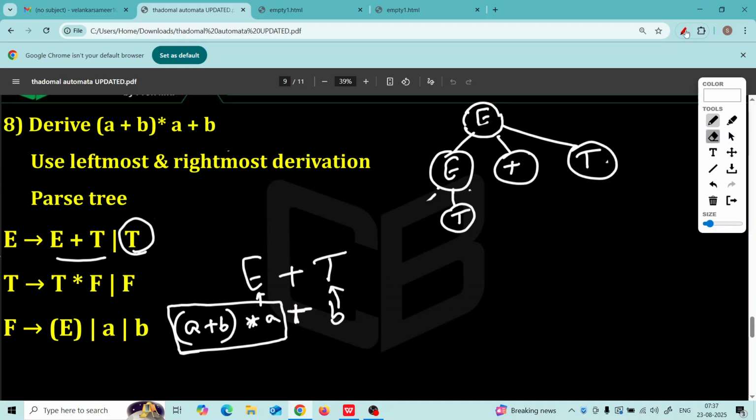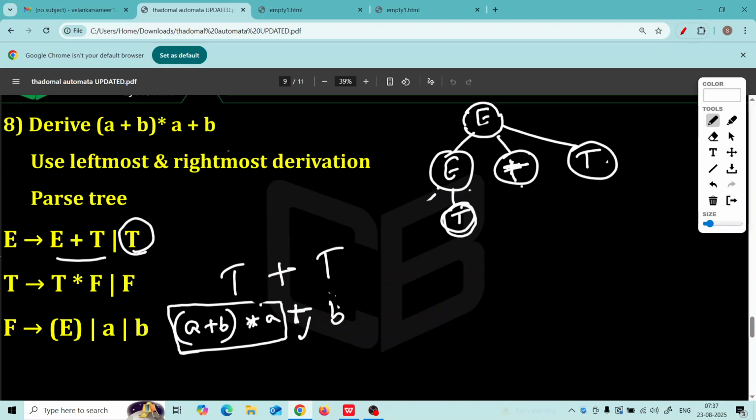So now, just check. What I am saying is that I have generated this plus. Somehow this T plus T is now pending.